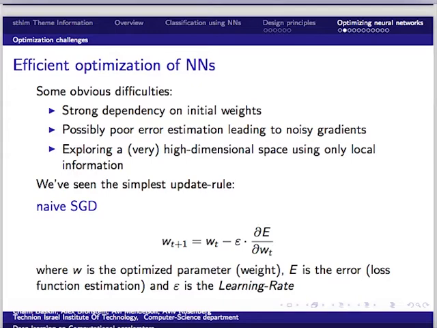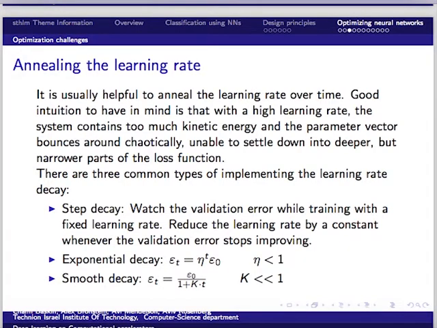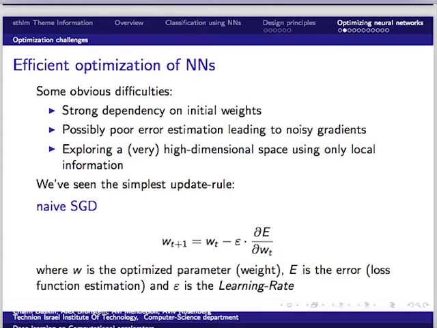Great. So let's start from naive SGD. We talked about it before in the lectures and tutorials. This is our update rule: the next parameter value is the previous one minus our step epsilon multiplied by the derivative of the loss. This is called vanilla SGD.